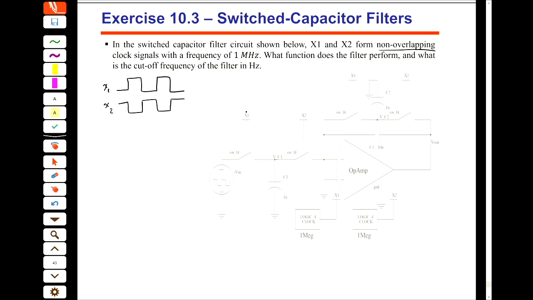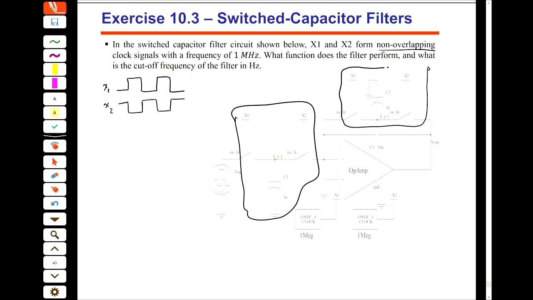So this is X1 and X1, this is X2, X2, and then we have 4 switches and 3 capacitors. So this block and this block are switching capacitor blocks.